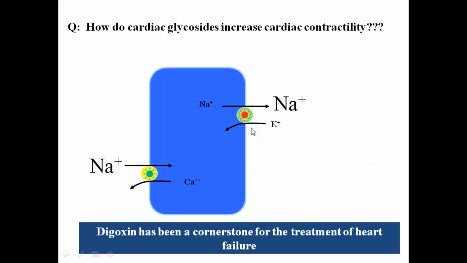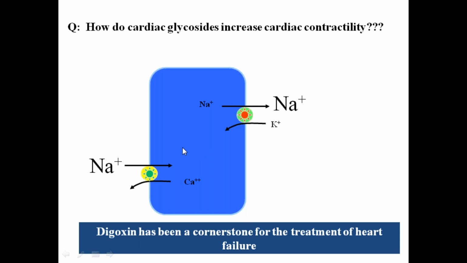Now, if you see in this diagram, on the basolateral side of the membrane, you have the sodium potassium ATPase pump. We know the function of the sodium potassium ATPase pump. This pump causes efflux of sodium ions and influx of potassium ions. And because of this pump, the concentration of sodium inside the cell is at a lower level.